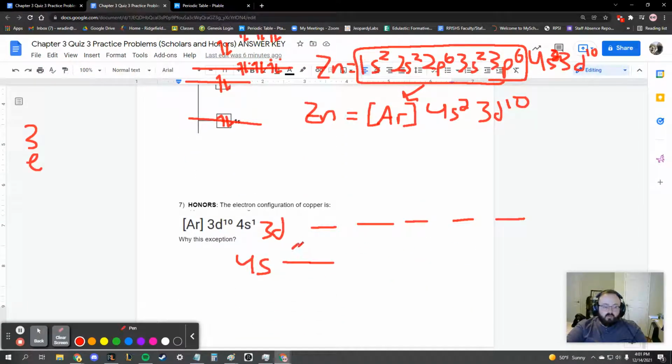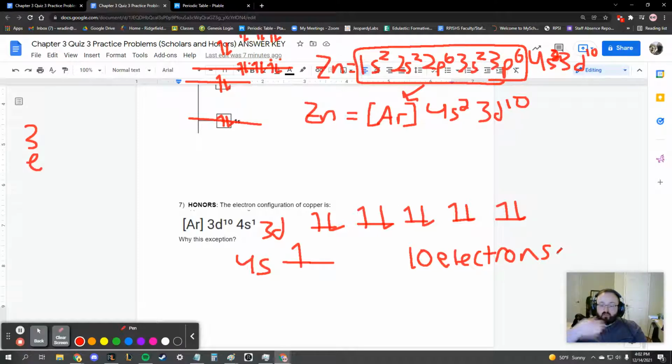So copper has an electron configuration that looks like this. The reason for this is having 10 electrons gives more energetic stability than having 2 electrons in the 4s.